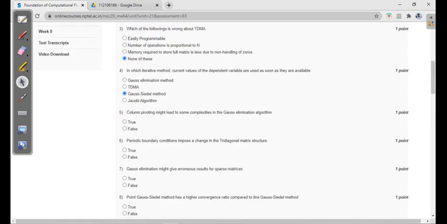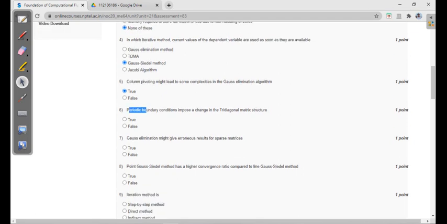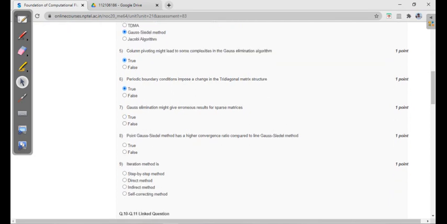Column pivoting might lead to some complexities in the Gauss elimination algorithm. Yes, this is a correct statement. Periodic boundary conditions impose a change in the traditional matrix structure. Yes, this is also correct. Gauss elimination might give erroneous results for a sparse matrix.